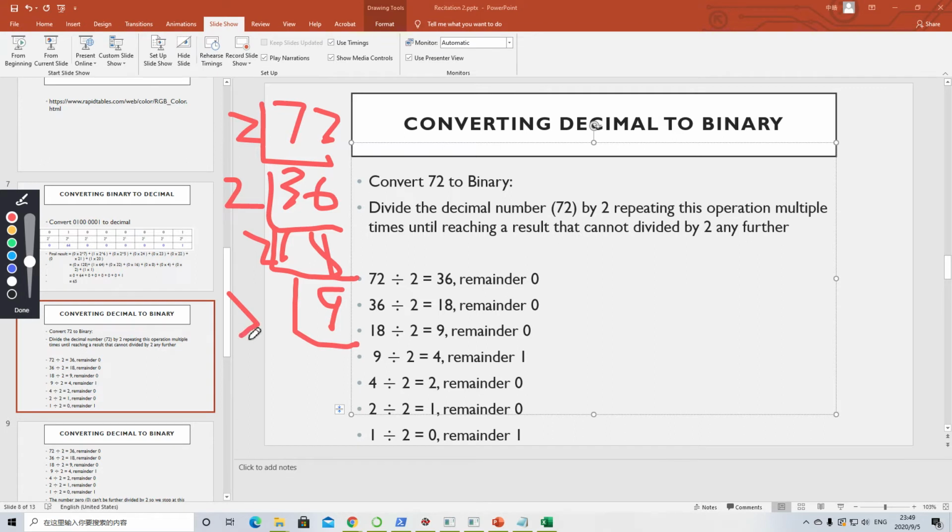Divided by 2, 4, remainder 0, remainder 1, remainder 0.